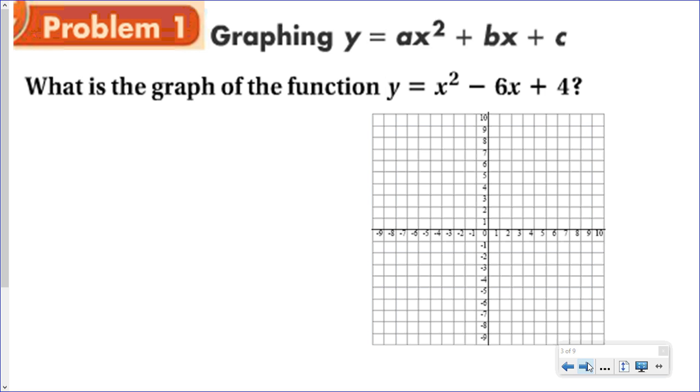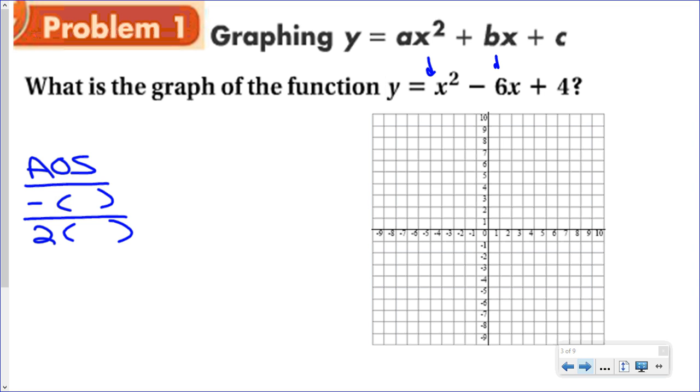So the first thing we're going to find is the axis of symmetry, which is the formula minus B over 2A. Now I'm going to have some open spots here. That represents the B and the A. Now remember, it goes in order. This is your A, this is your B, and this is your C. Your B in this problem is -6.